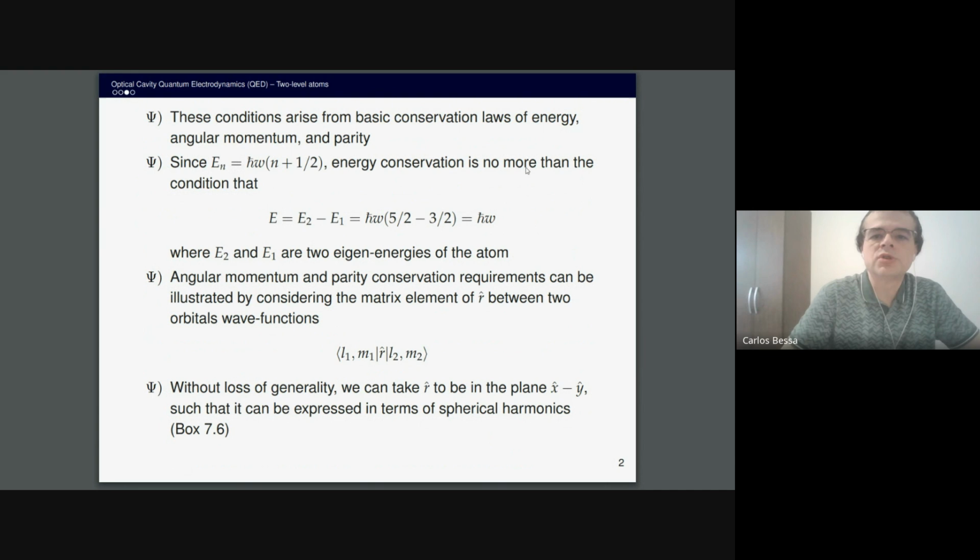Energy conservation is no more than the condition that the total energy is this difference. E2 is the second eigenstate, or the second level in the atom, and E1 is the first level. So if you take E2 minus E1, you have this, where E2 and E1 are two eigenenergies of the atom.